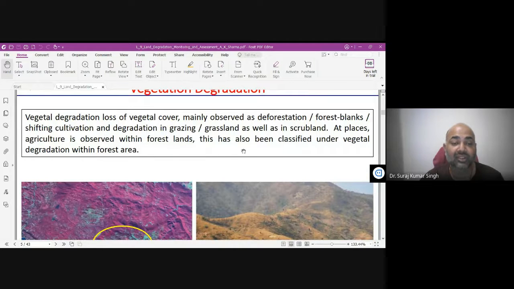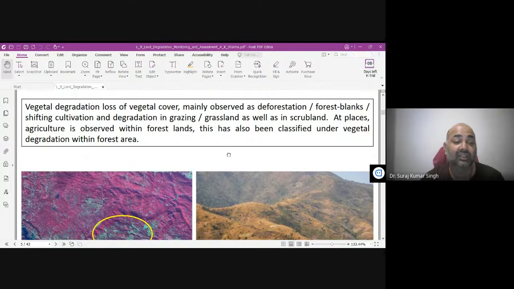Now we'll see the various kinds of land degradation categories that are being mapped by the Space Applications Centre using satellite remote sensing data. We'll start with vegetal degradation, meaning vegetation loss.